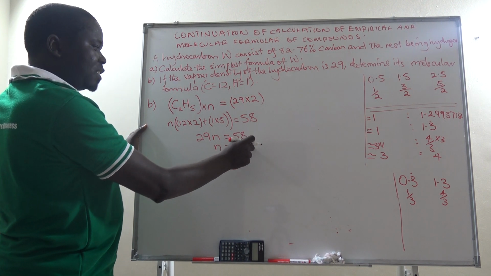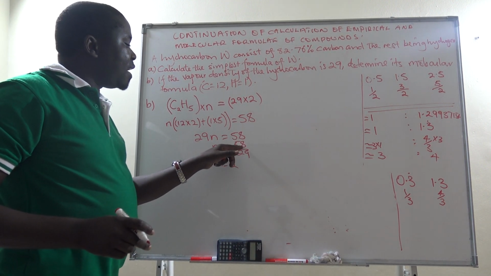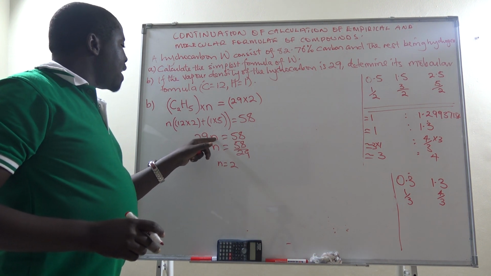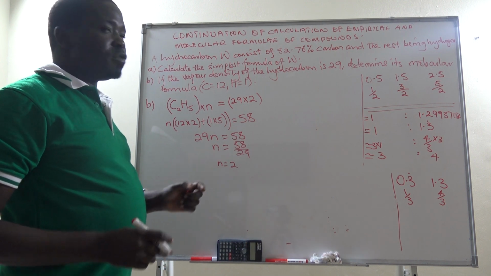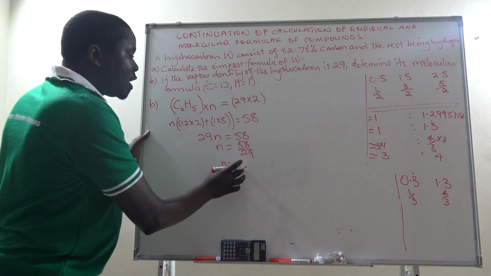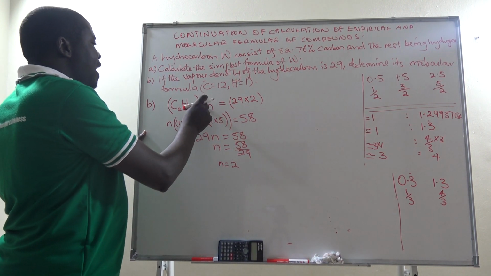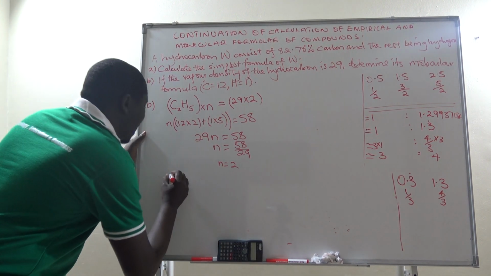Please don't forget this step here. You know that if you are to get n, you are supposed to divide 58 by 29. Don't just say 29n is equal to 58, and therefore n is equal to 2. It will not be correct. Show your working clearly. And as we have done it here, we have shown our working clearly. Now let us try to substitute for the value of n in order to get for us the molecular formula.